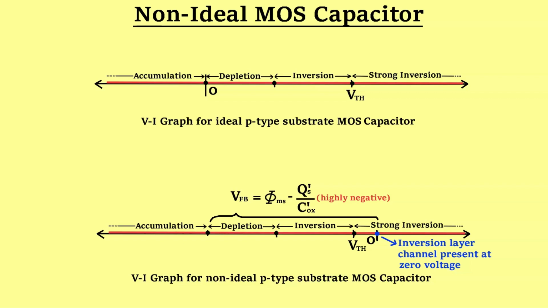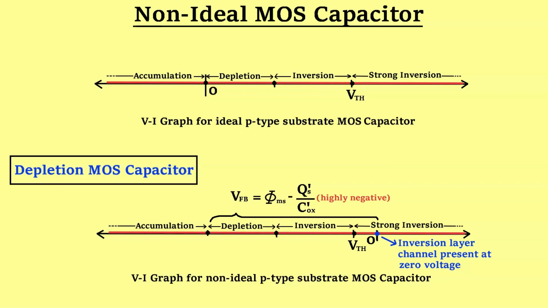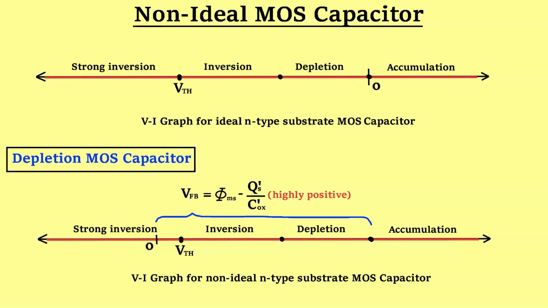If this condition is satisfied, then this device will be considered a depletion MOS capacitor. Otherwise, it will be considered an enhancement type MOS capacitor. In case of an n-type substrate MOS capacitor, we need the flat band voltage to be sufficiently positive so that the threshold voltage becomes greater than 0. In this case, a large positive flat band voltage is required for having a depletion MOS capacitor.